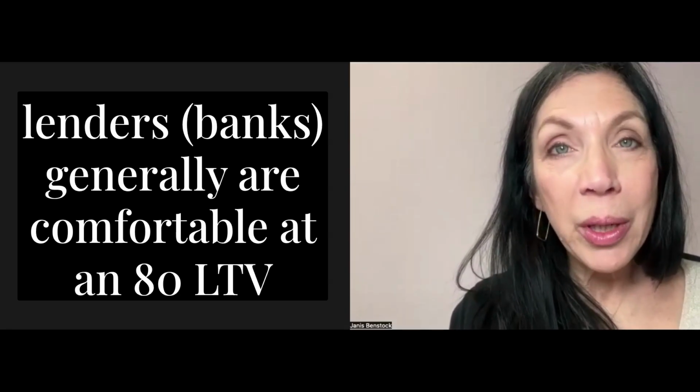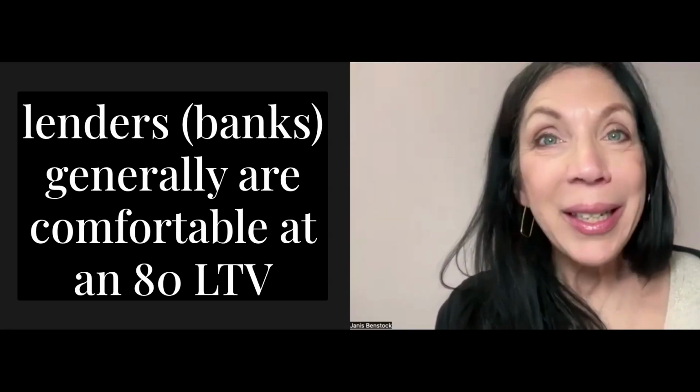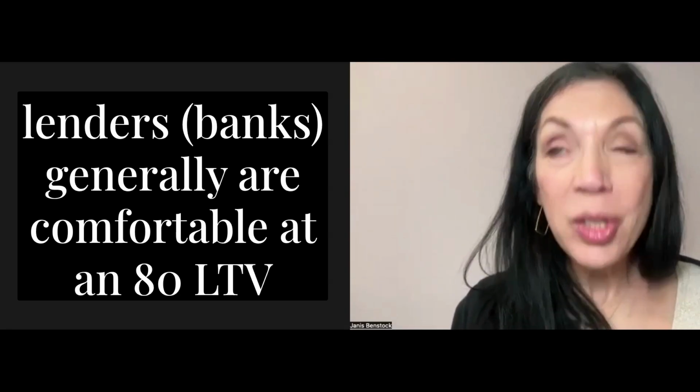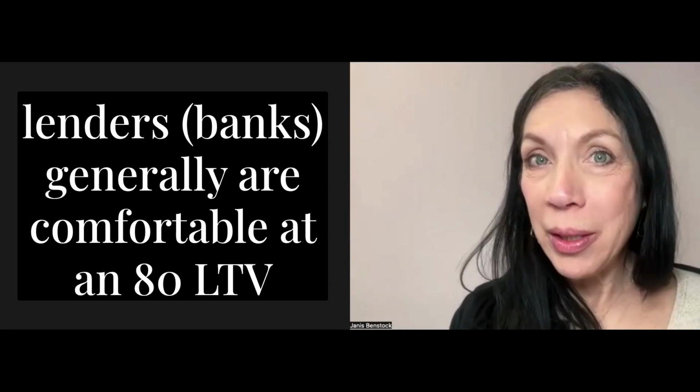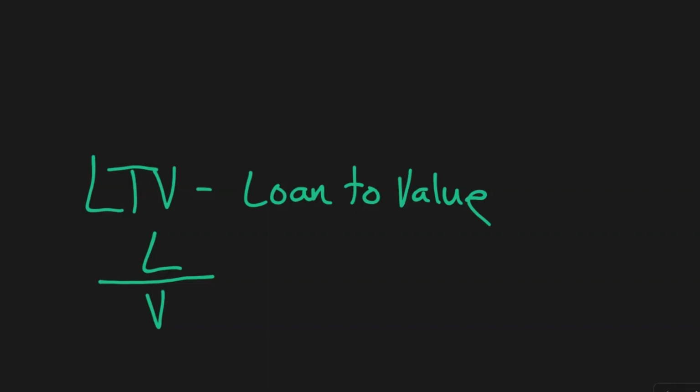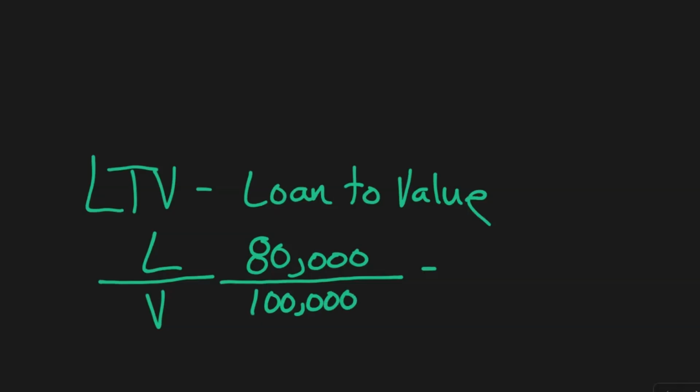So let's go over to the board and take a look at the math. I don't even want to call it math. Let's call it arithmetic because it's really, really simple. LTV equals loan to value, it's a ratio. So we're going to take the loan amount, which in our example is $80,000, divided by the value, $100,000, equals 80.